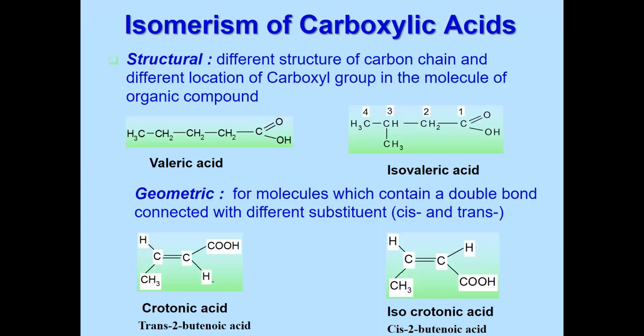Geometric: for molecules which contain a double bond connected with different substituents, cis and trans. For example, crotonic acid or trans-2-butenoic acid, isocrotonic acid or cis-2-butenoic acid.